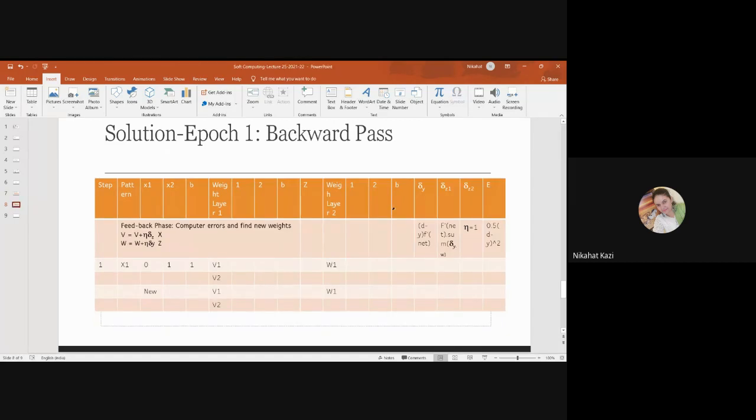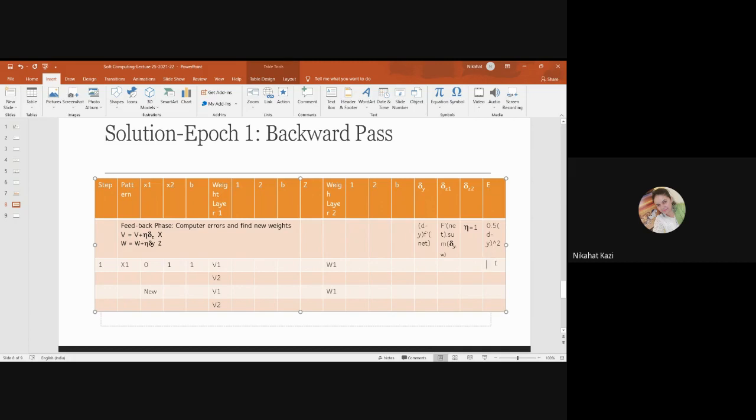is we need to compute the cycle error also, because at the end of the cycle, we need to check for the error. So the error is half of d minus y the whole square, so that you can compute and keep it there. If it is a single neuron, it is only d minus y the whole square.